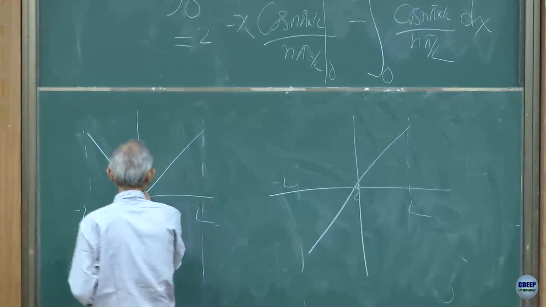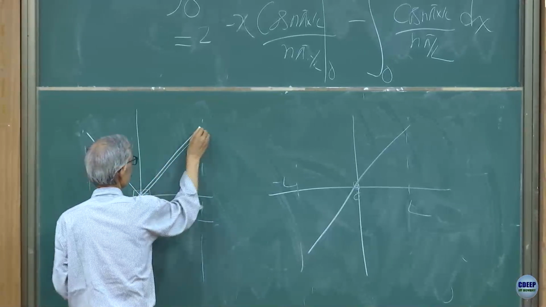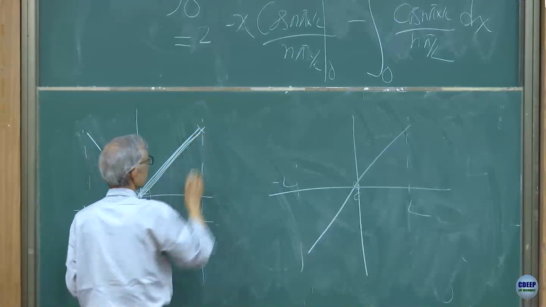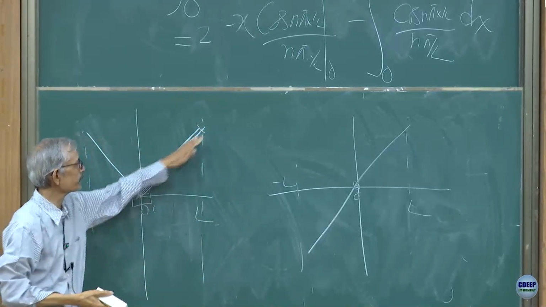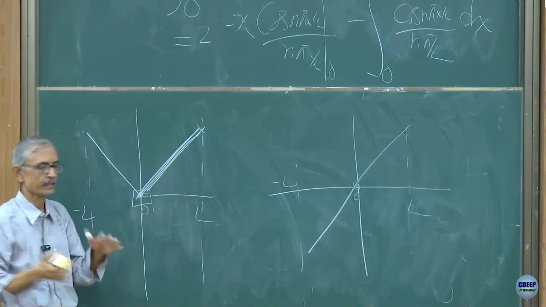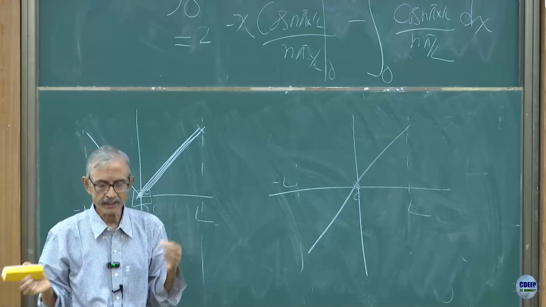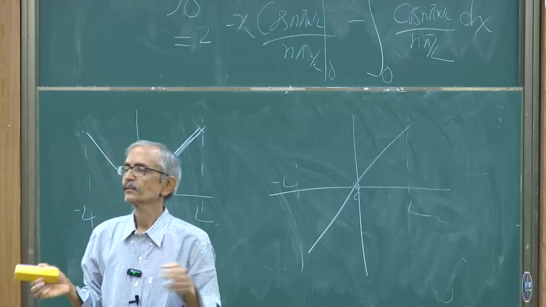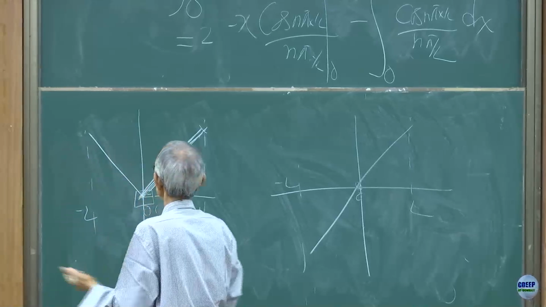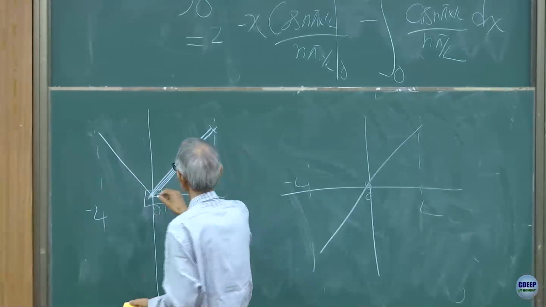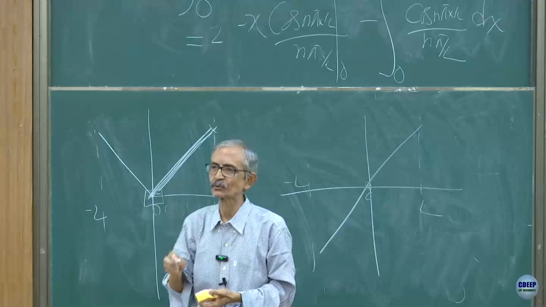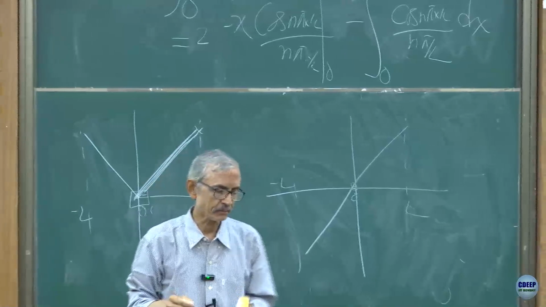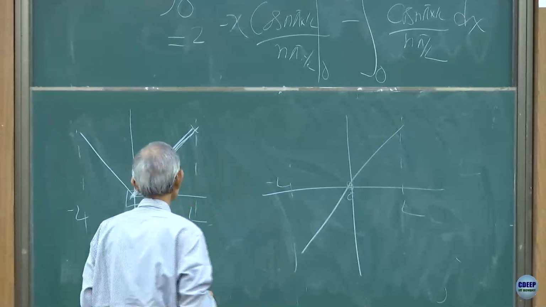If we are only interested in this region and trying to say that I would like to represent that, whatever may be the reason, f(x) equal to x is much easier than an infinite sum of sines and cosines, but we'll see why sometimes that becomes necessary.